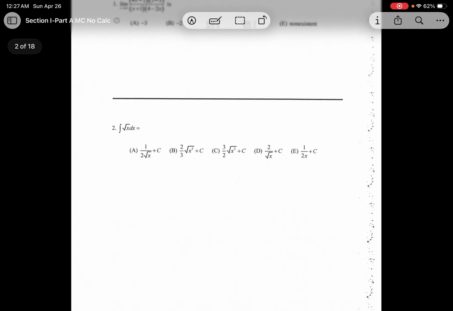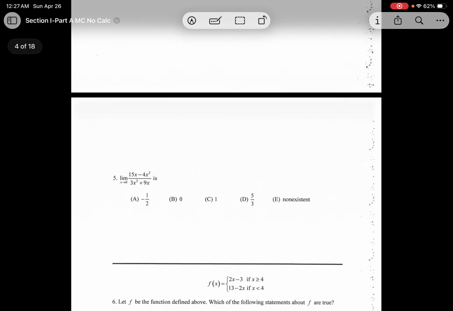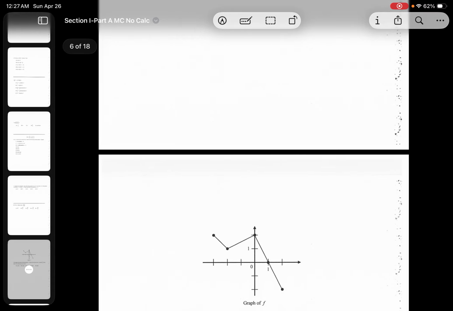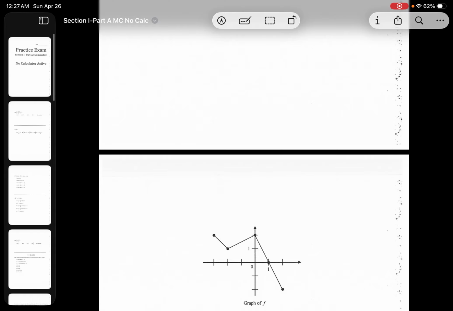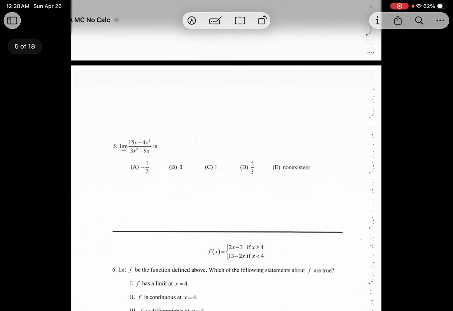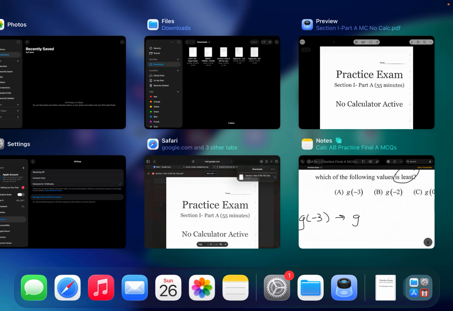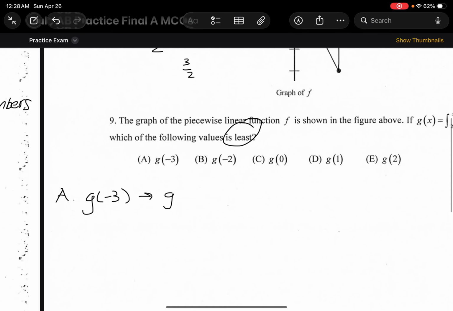Whoops. What happened to my edits? Where did everything go? Right here. Okay, I don't know why it went to preview.